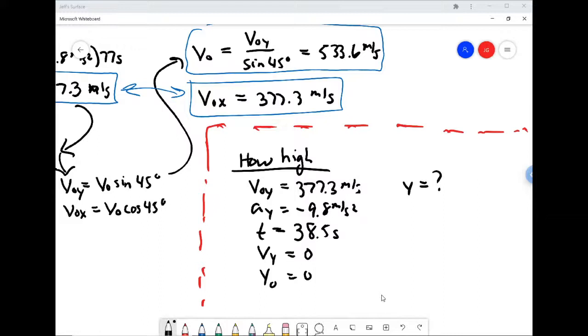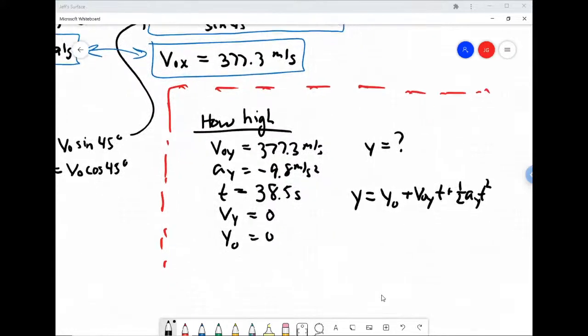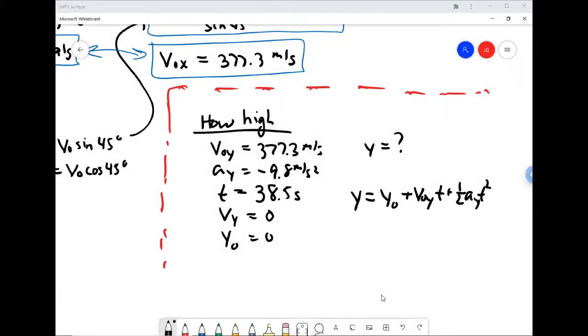All right. So let's see. I think that this equation is going to get us there. So we solve for y. We said y naught is 0, so that goes away.